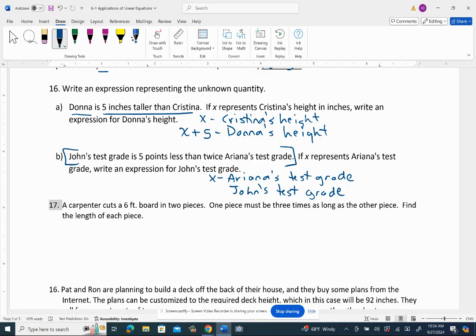We want an expression for John's test grade. Well, we know his test grade is 5 points less than twice Ariana's. So if Ariana's test grade is X, twice that would be 2X, and 5 points less than that would be 2X minus 5. So 2X minus 5 would be an expression I could use to represent John's test grade.